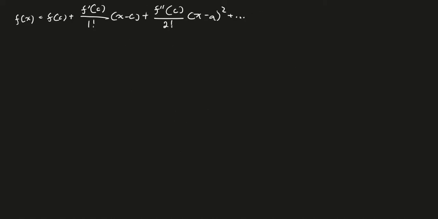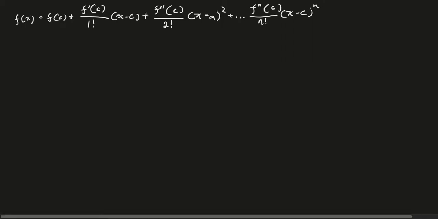And so let's keep maintaining that pattern and following the formula that follows, in which f to the nth of c over nth factorial x minus c to the nth. Oops, that should be a c.